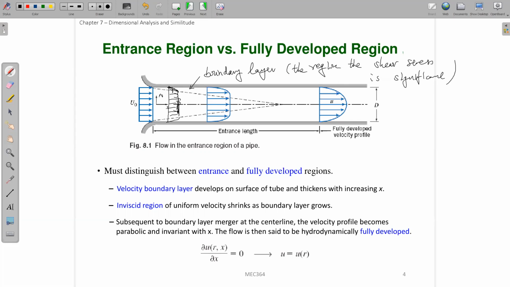Only in this region do you have the velocity gradient, and we know that tau equals mu du dr. Only where you have the velocity gradient do you have tau. So only in this region is du dr not equal to 0, and you have a large tau value. Outside this region there is no velocity gradient, so tau will be 0 there, and this region is called the inviscid core.